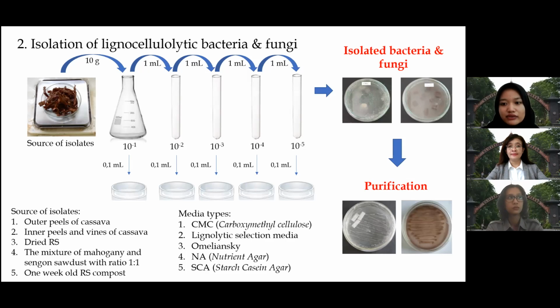In addition, several small pieces of each sample were also inoculated directly to the respective media. After incubation for a week at room temperature, the population density and colony morphology were observed. Each type of colony in each medium was then purified and propagated in liquid culture from the same medium to be used as bioactivator.